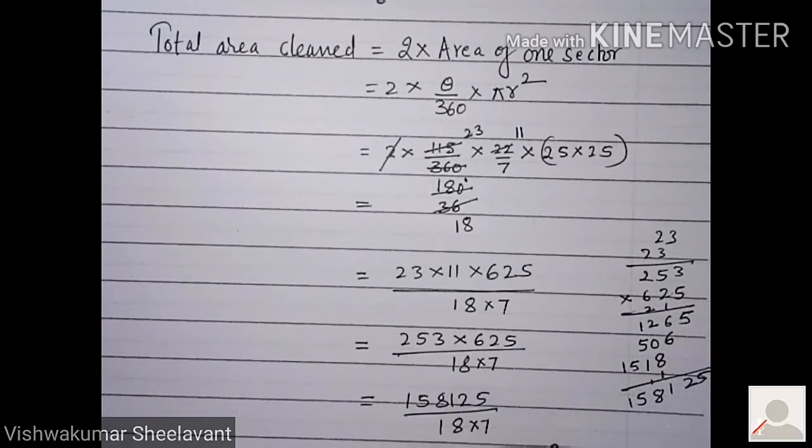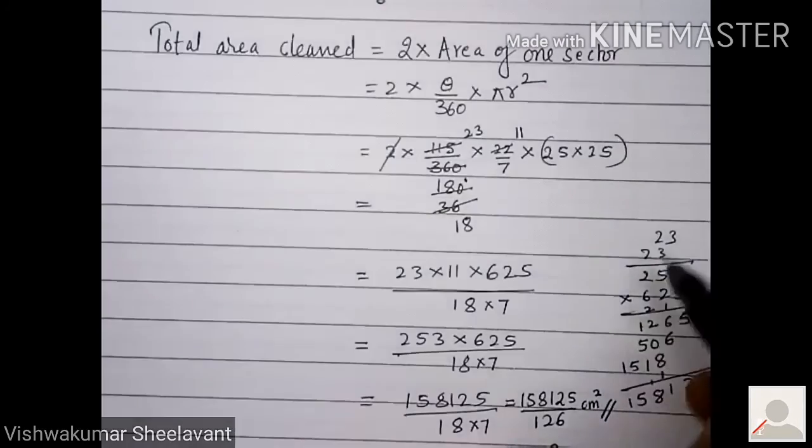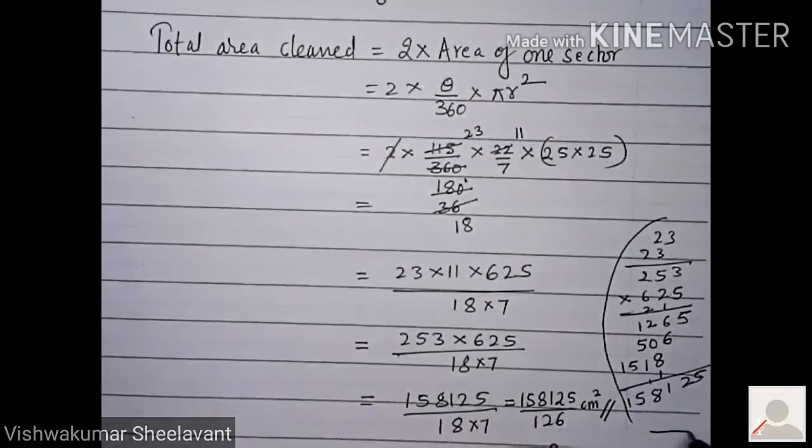Multiplying 253 with 625, we get 158125. So 158125 divided by 18 into 7, that is equal to 158125 divided by 126 cm square. Right?